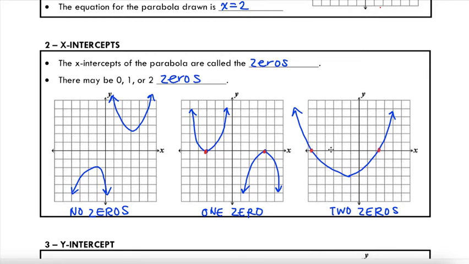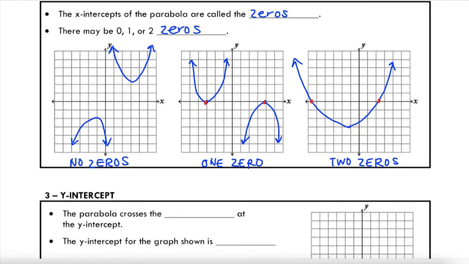So it has 2 zeros, 2 points where this graph crosses the x-axis. So that's what the x-intercepts are, which is also called zeros when we are referring to them in quadratic relations.